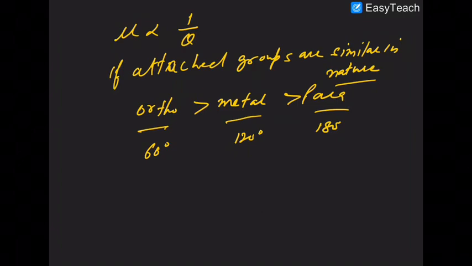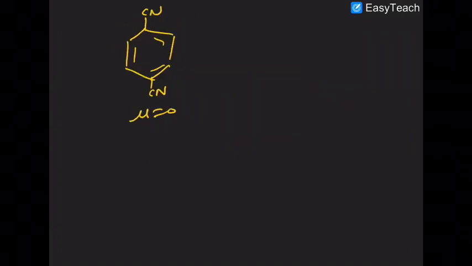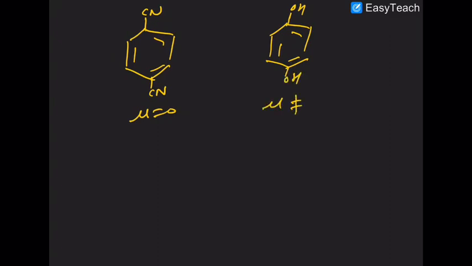One more interesting example: if you have 1,4-dichlorobenzene, the dipole moment is 0. But if you have two OH groups there, as in hydroquinone, the dipole moment is not 0. Why?